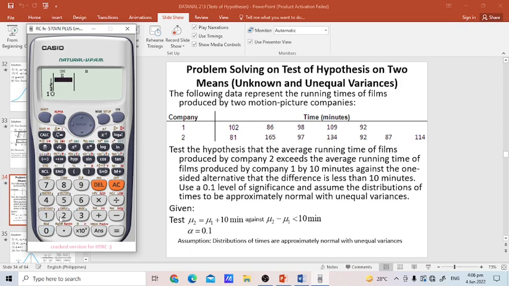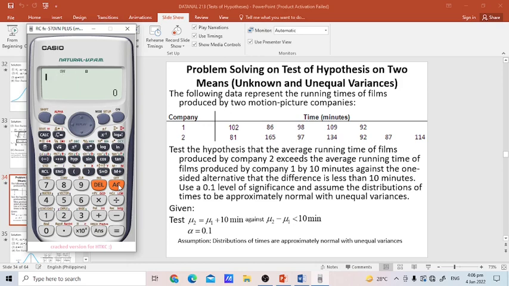We have 102, 86, 98, 109, and 92. That's it, we have 5.